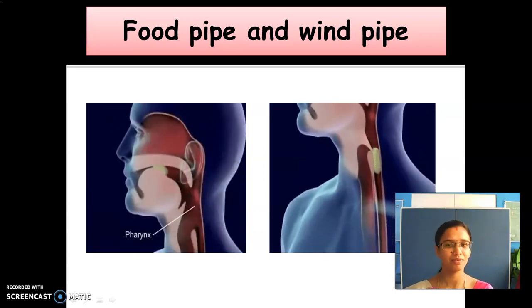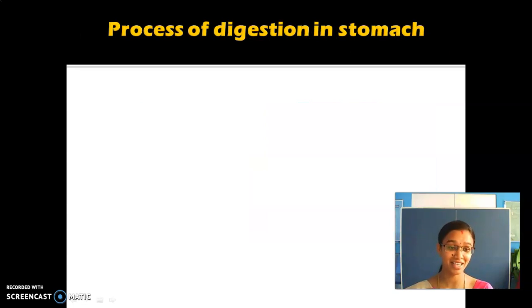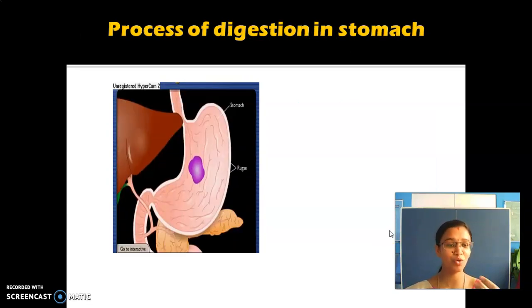And then the process of digestion in the stomach. The food which enters the stomach is digested with the help of acids which are produced there. What are they? Hydrochloric acid, good, and then pepsin and mucus.